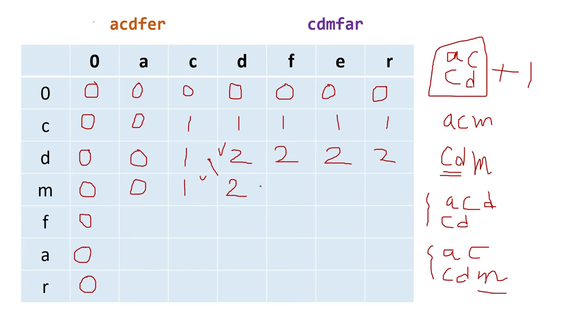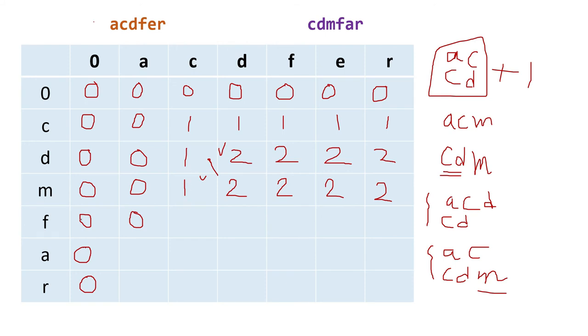Now if we proceed quickly, between M and F they are not matching. That means we have to take the max between these two, that is 2. Here in this case E and M is not matching, so it will be 2. M and R is not matching, then it will be 2. Here A and F is not matching, then max between them is 0.